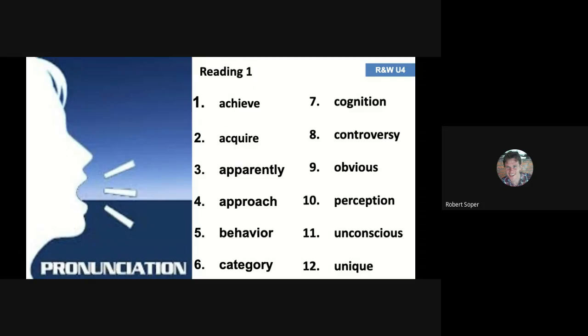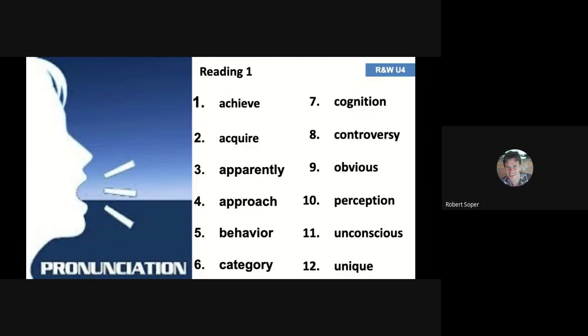Number 3, apparently. Apparently. Number 4, approach. Approach. Number 5, behavior. Behavior. Number 6, category. Category. Number 7, cognition. Cognition.